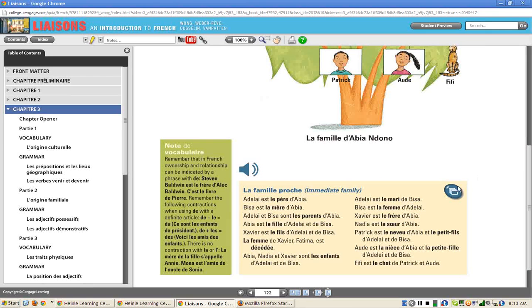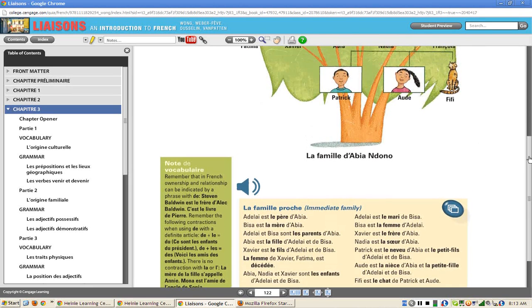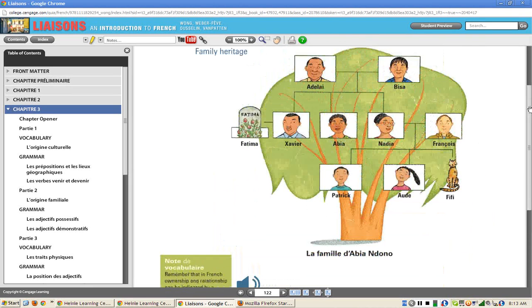Now you see in this vocabulary you have Adelaide, et le père d'Abia, voilà. Adelaide, c'est le père d'Abia. C'est aussi le père de Nadia et de Xavier. Alors Nadia, son époux, s'appelle François.